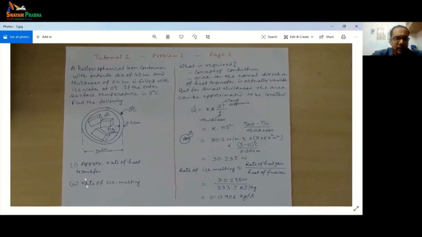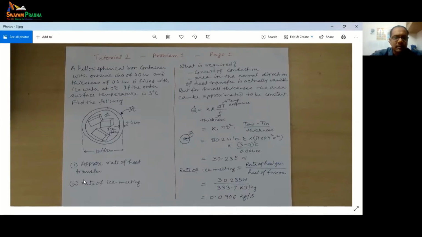The first one that you have to find is the approximate rate of heat transfer. You can see the outside is at a higher temperature and the inside is at a lower temperature, so there will be some heat gain, right? And that is what you have to find out, the rate of heat transfer. Why it says approximate, we will talk about very soon.